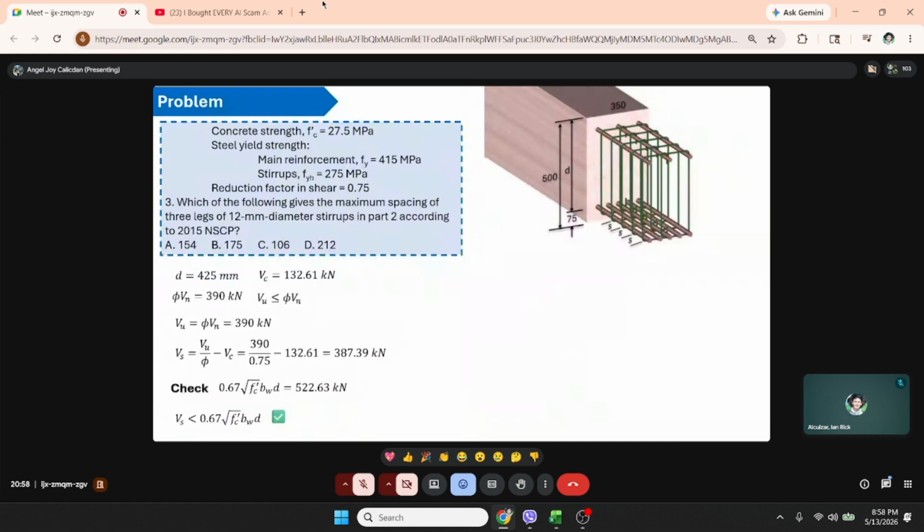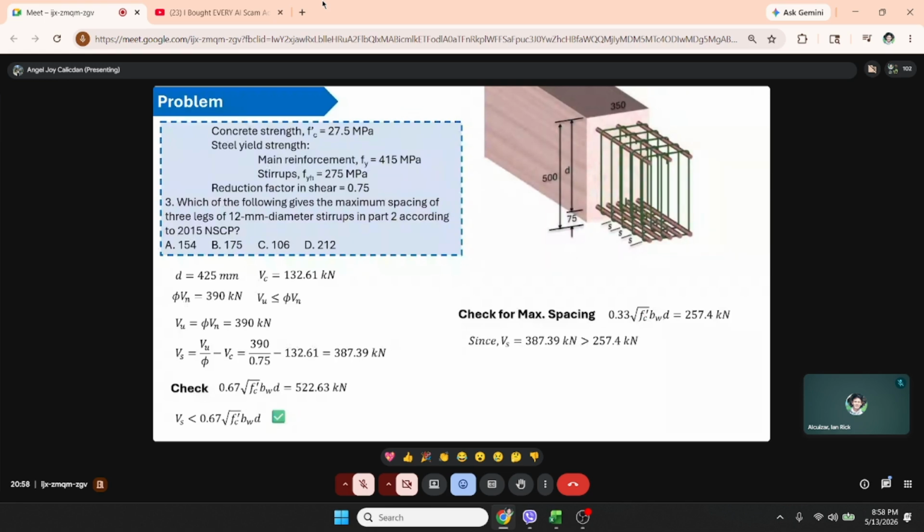So for part 3, which of the following gives a maximum spacing of 3 legs of 12 mm diameter stirrups? In part 2, according to 2015 NSCP, maximum spacing. Also 4.33 square root of fc' bw d.